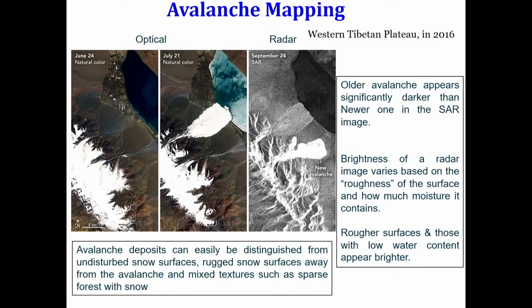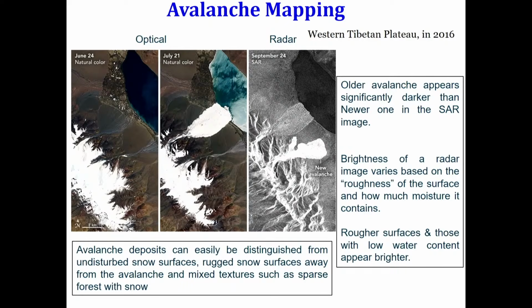The brightness of a fresh avalanche in a radar image varies based on the roughness of the surface and how much moisture it contains. Rougher surfaces with low water content will appear brighter. So you can see in the right image the fresh avalanche has more brightness because it is a rougher surface. Similarly, in optical images you can also distinguish between old and fresh avalanches.